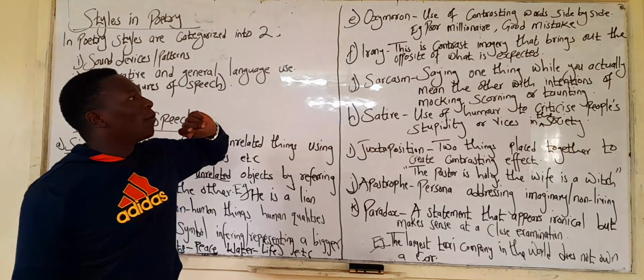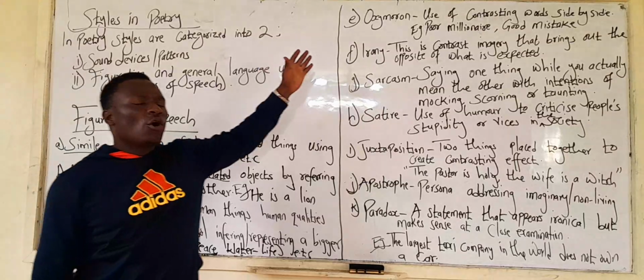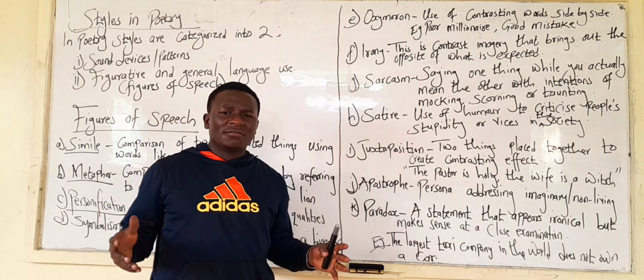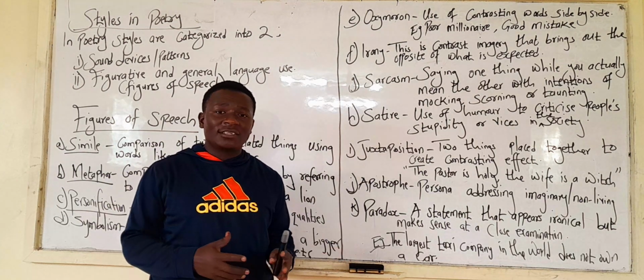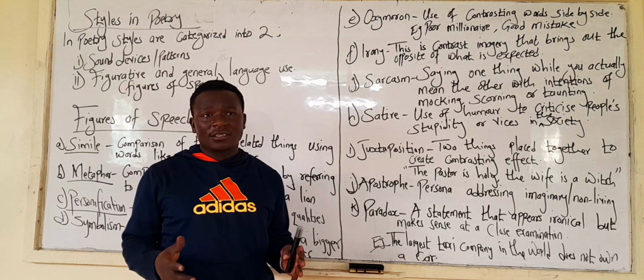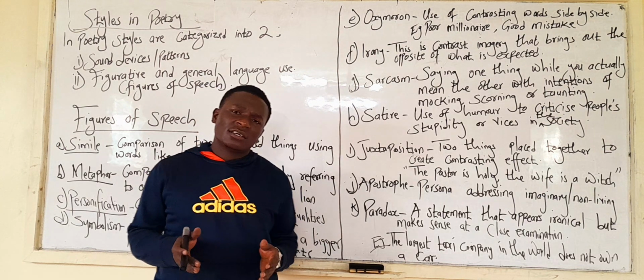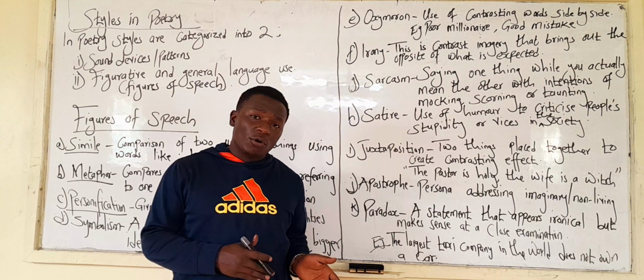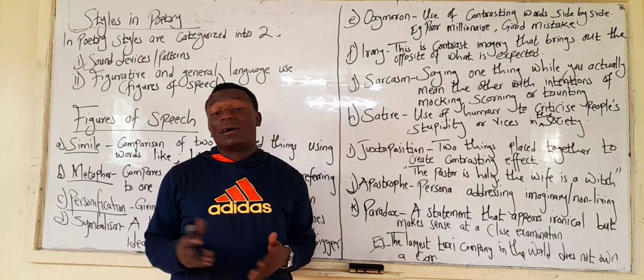Good. Now the next figure of speech I want us to check is oxymoron. As you all know, it has been evident in many cases that students are not in a position to tell the difference between oxymoron and paradox.